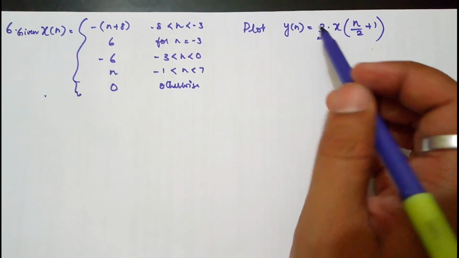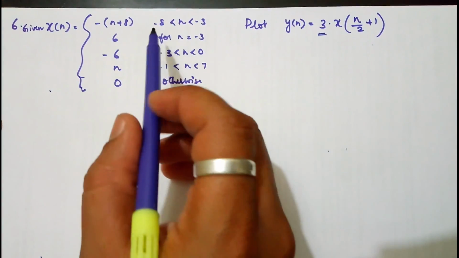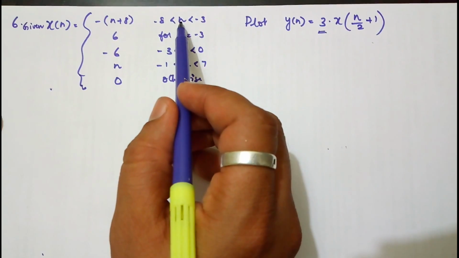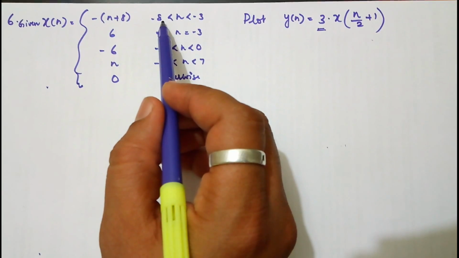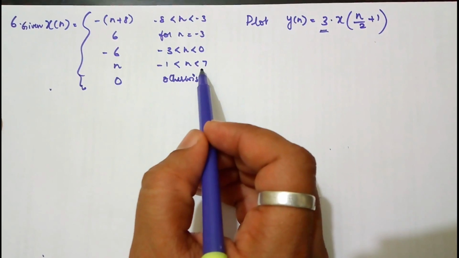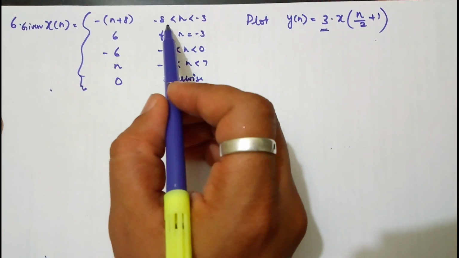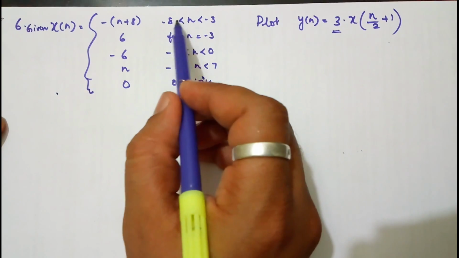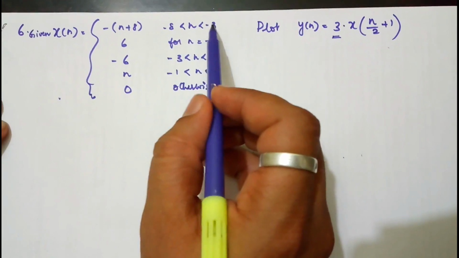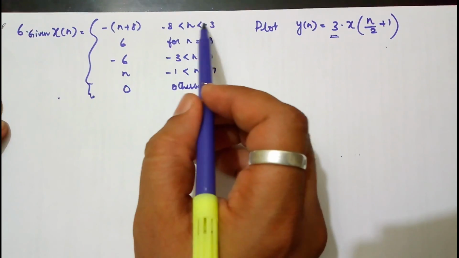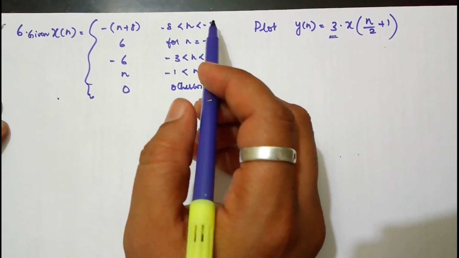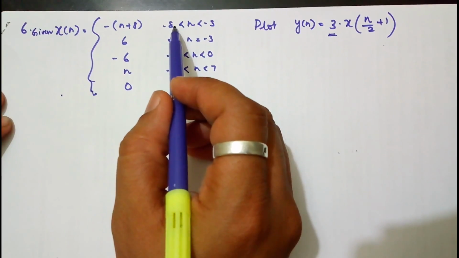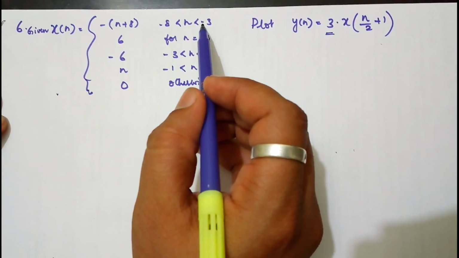Now let us start plotting x of n. It is given that the range of n extends from -7 till 6. If the limit is given as n between -8 and -3, that means n is greater than -8 and less than -3, so my n value is between -7 and -4.